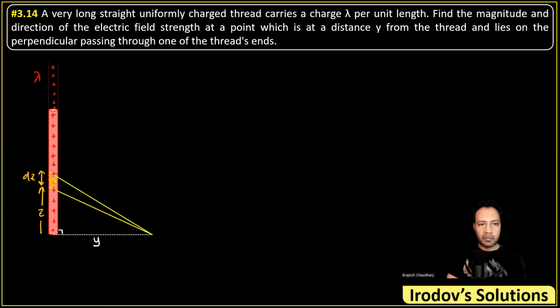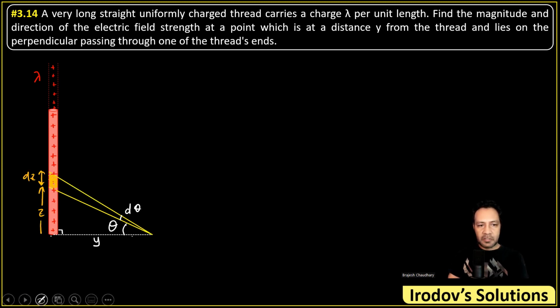This element subtends an angle d theta at this point, and the angular position of this point is theta. As we take all the elements from this end to that end, theta will go from 0 to 90 degrees, and this element will cover the whole wire.